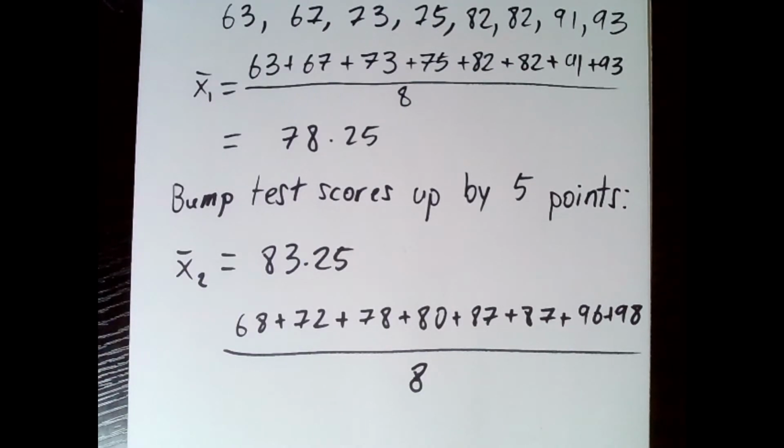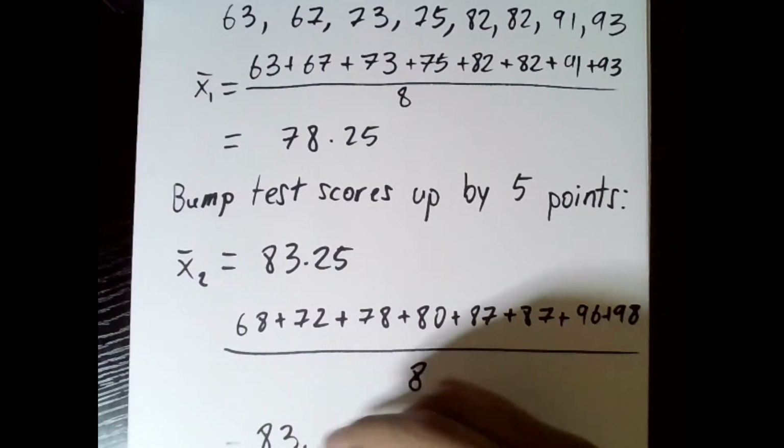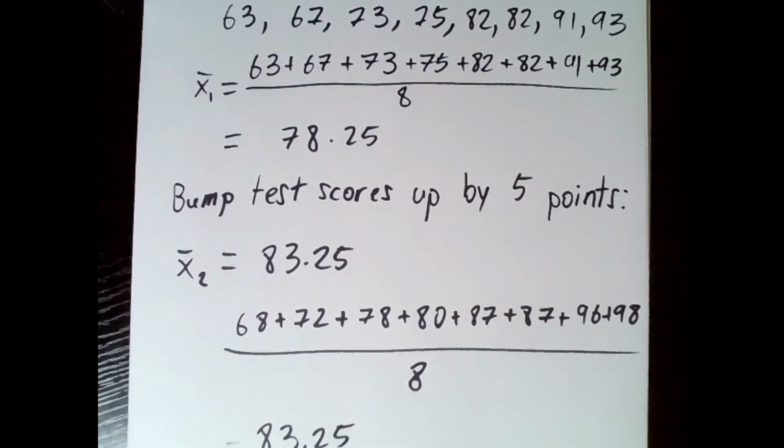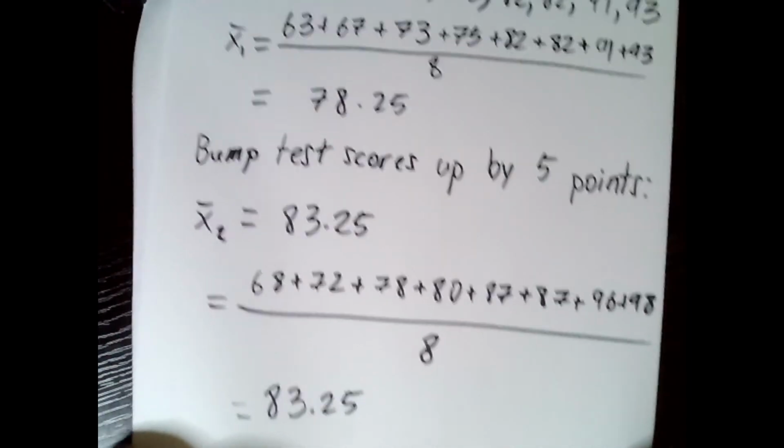I'm just going to check that this in fact equals 83.25. So plus 87, plus 87, plus 96, plus 98, divide this whole thing by 8, and there you go. You can verify that, and this of course equals 83.25.